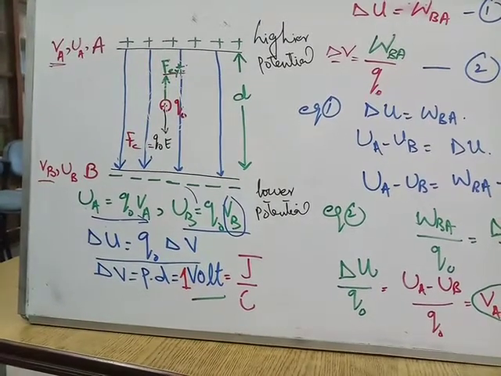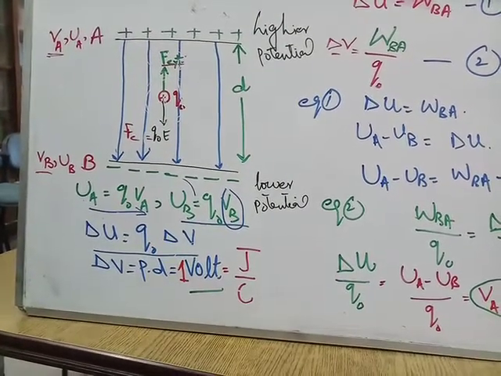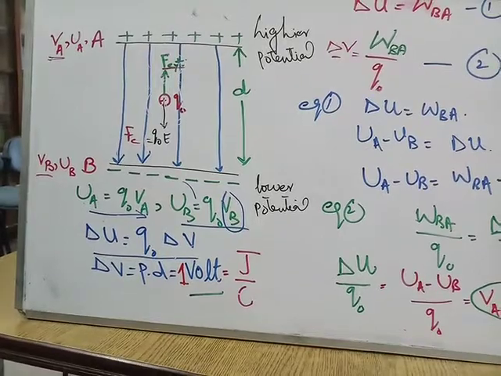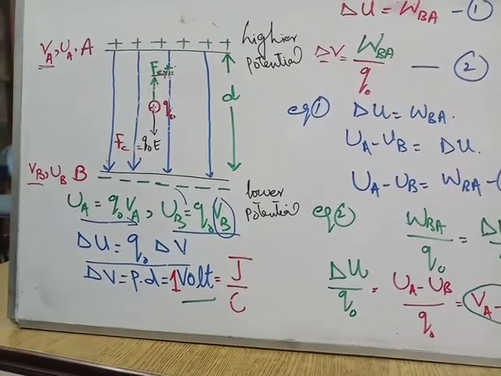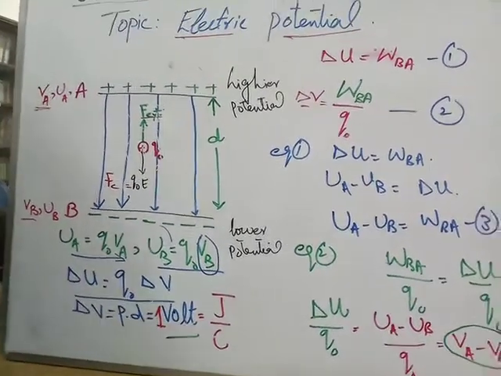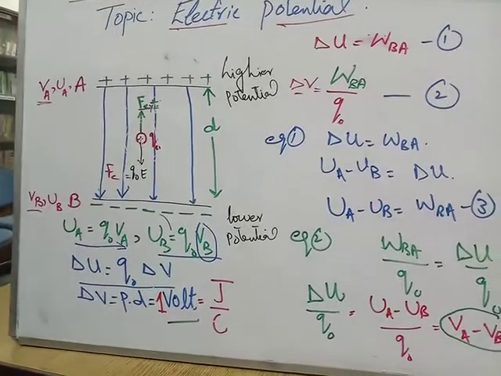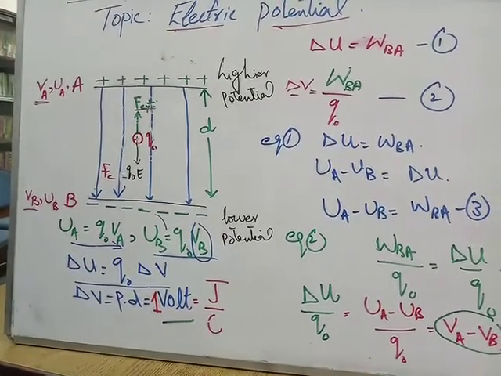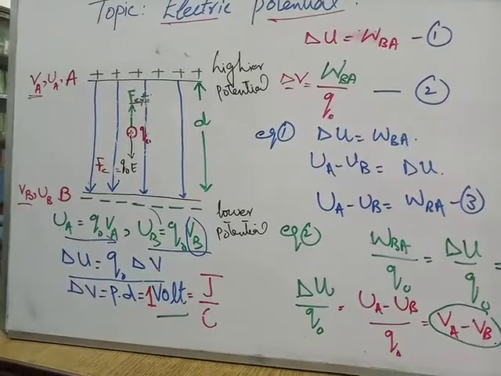This is called 1 volt potential difference.